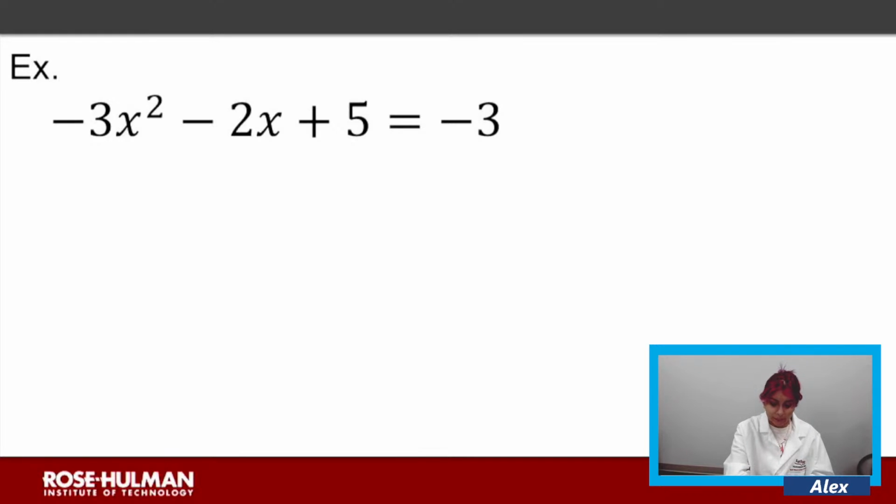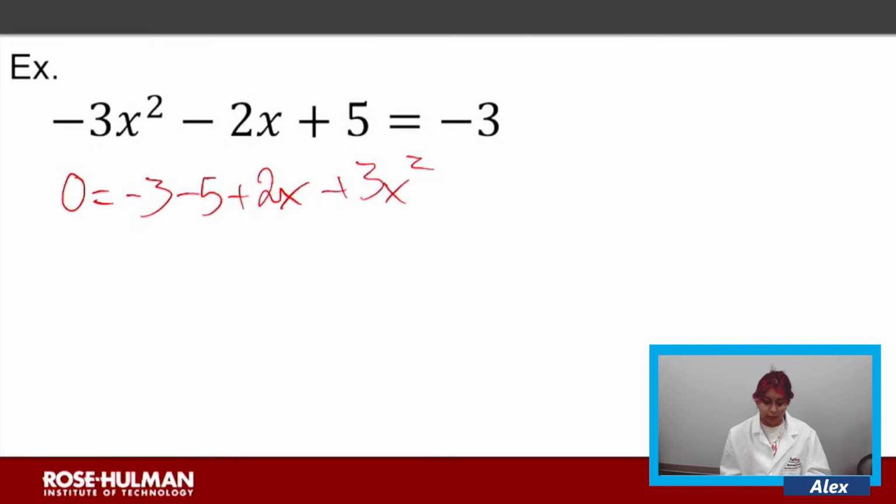So to do that, we have 0 equals -3 minus 5 plus 2x plus 3x squared. Rewrite this equation into standard form and combine some like terms. We get 3x squared plus 2x minus 8 equals 0. And now we have our equation in standard form.